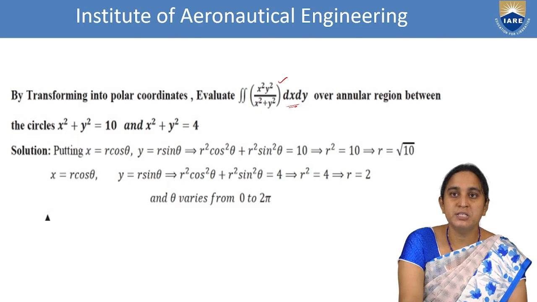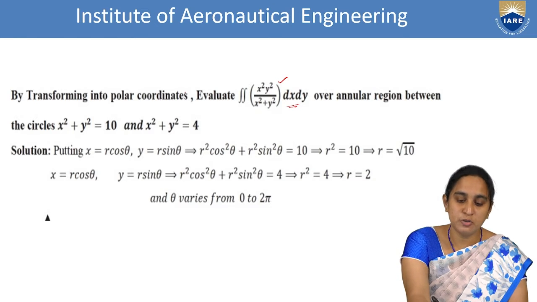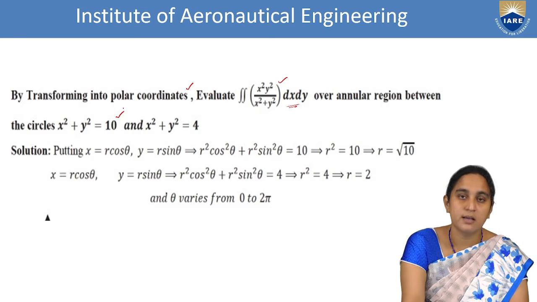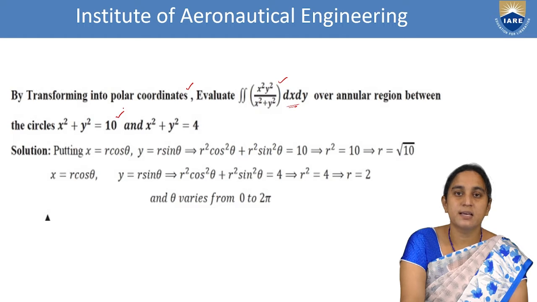The given Cartesian form we now have to transform into polar coordinates, within the region between two circles. What are the two circles here? X square plus y square is equal to 10 and x square plus y square is equal to 4.